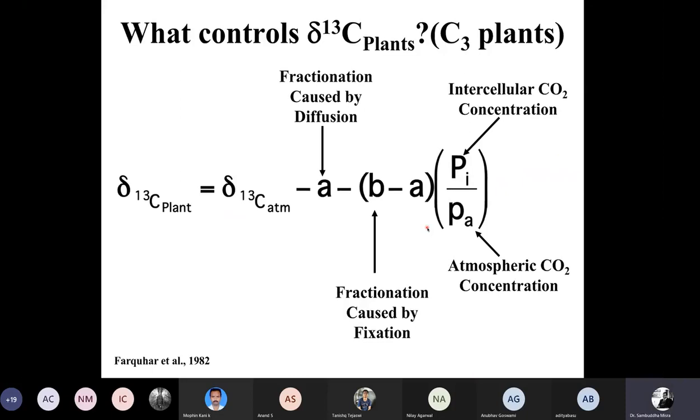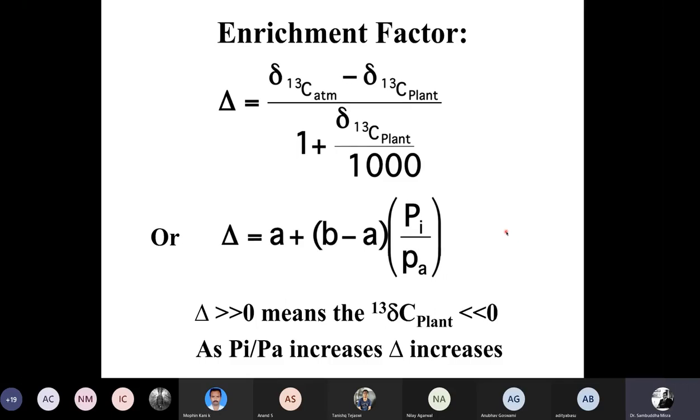Now, this can be expressed as a formula like this. Delta 13C of a plant is equal to that of the atmosphere minus a, which is the fractionation caused by diffusion, minus (b minus a) times pi by pa, which is essentially the ratio of intercellular CO2 concentration to atmospheric CO2 concentration. So this is the gradient of CO2 diffusing into the cell.